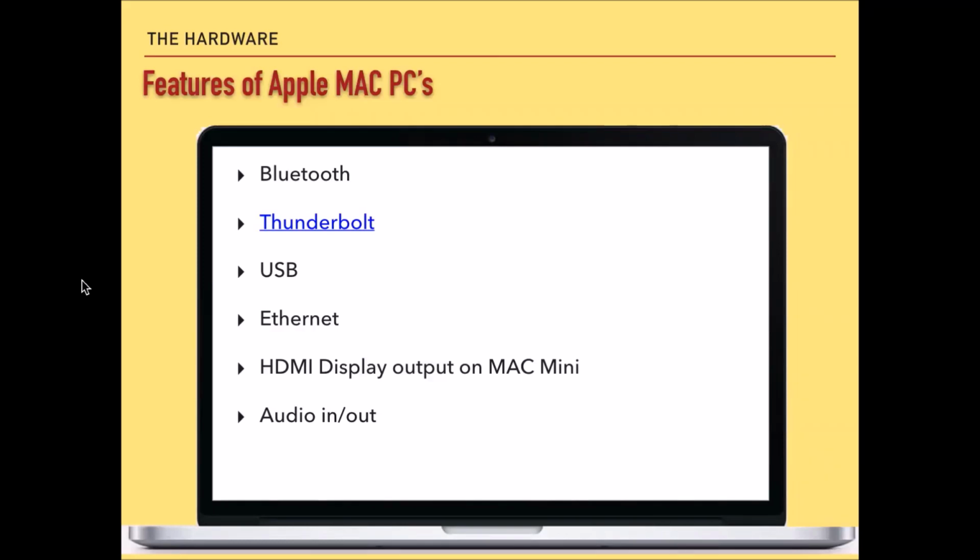In my case, I'm using a 32-inch Samsung TV for my display, and the HDMI output from my Mac Mini actually goes to an HDMI switch, so I can switch different things to my Samsung screen. It also has audio in and out, those little 1/8-inch plugs for getting your audio connectivity.